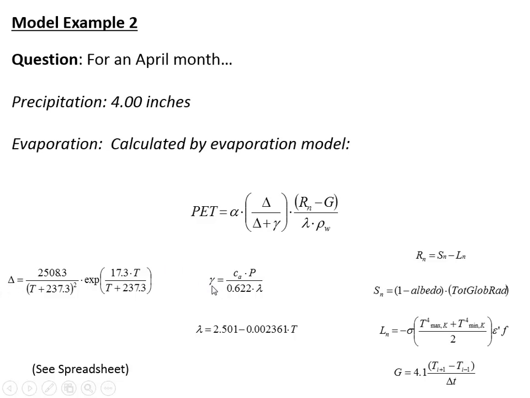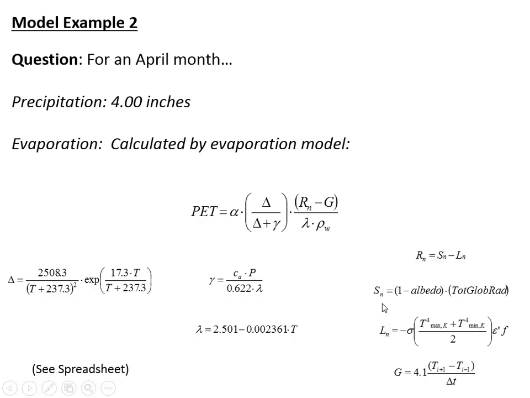The psychrometric constant gamma is a function of the atmospheric pressure and the specific heat. Alpha is a calculation that just incorporates the temperature. We'll take a look at the spreadsheet that I used to calculate each of these quantities. Basically, they all depend on the relative humidity, the temperature of the air, and the radiation.